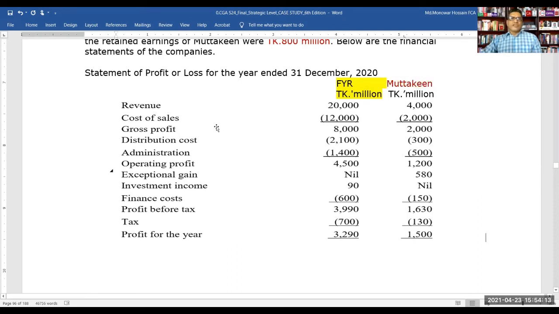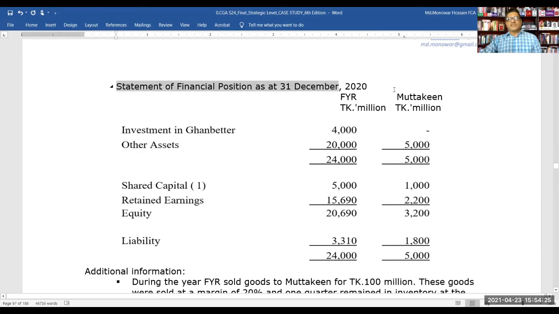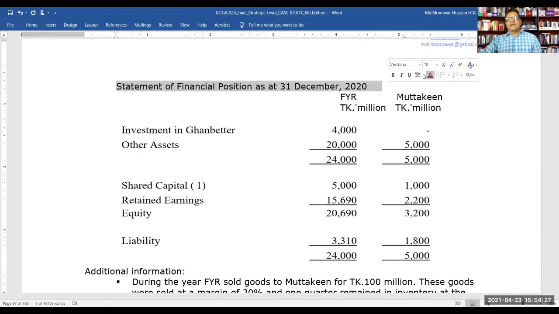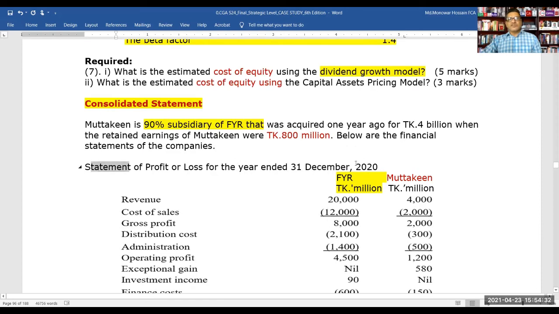They have the revenue, cost of sales, gross profit, distribution and administration expenses, tax, and profit for the year, all included here. Also here is the statement of financial position, and previously it was the statement of profit and loss.